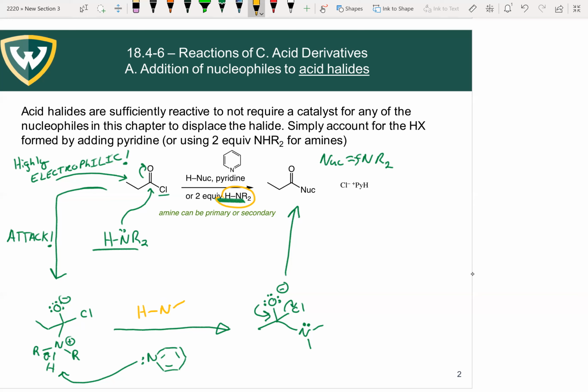Remember, our nucleophile can also sometimes act as a base. And that's all that's occurring here. If pyridine can do it, then a secondary amine can also affect the transformation. And that's really all we're saying: one equivalent comes in, and the second equivalent acts as a base. That's all that statement means.